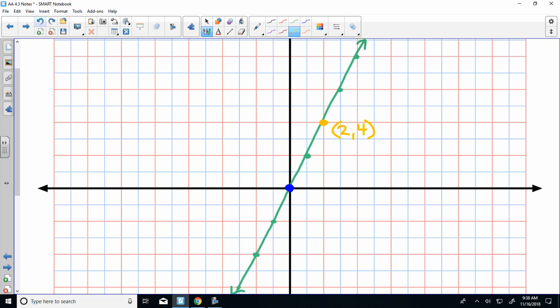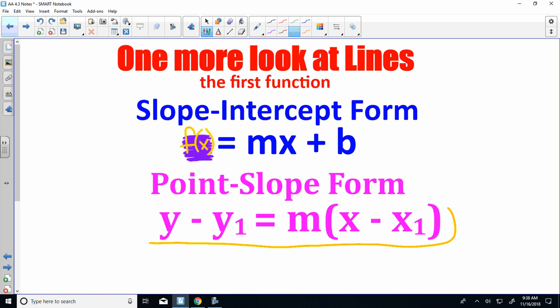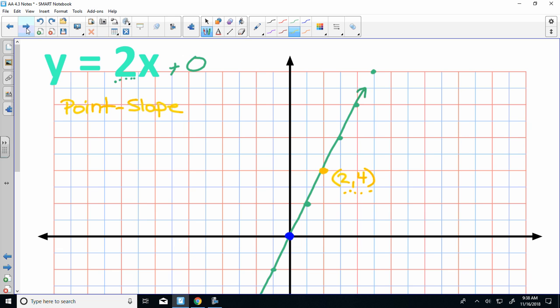And if we write the equation of this line using 2, 4 and using point slope form, this equation, the 2 would go there, the 4 would go there, and the 2 would go there, because the 2 is the x and the 4 is y. So our equation would become y minus 4 equals 2 times x minus 2.